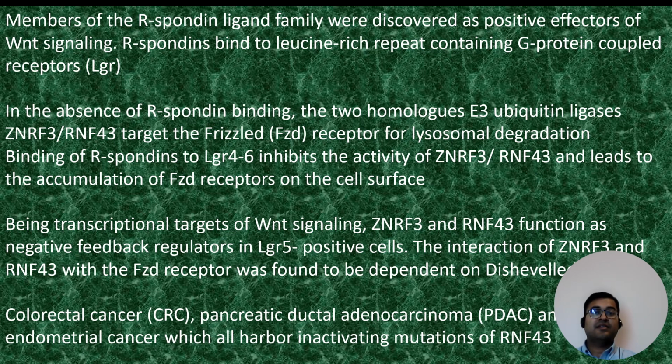And that's the reason this R-spondin, LGR, RNF43, ZNRF3 becomes very important in case of cancer, because this R-spondin RNF43 axis is known to be involved in different types of cancer.